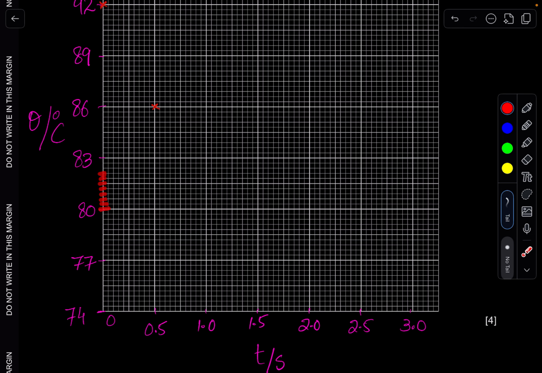Okay, so this will be the 82 somewhere, and the x coordinate is 1. So it will be somewhere at this point.